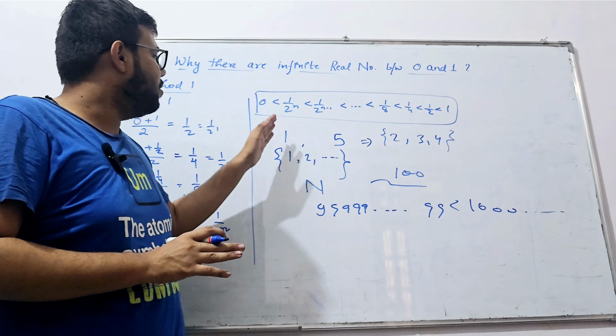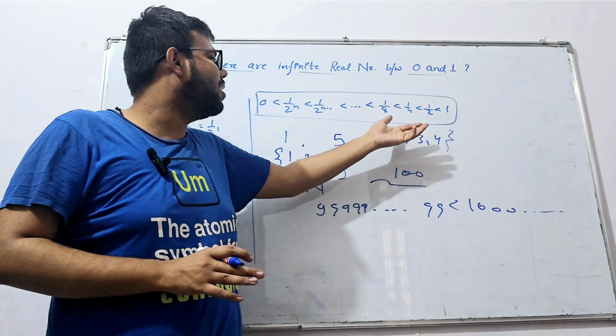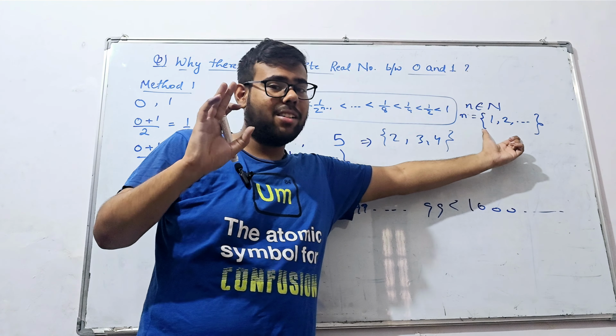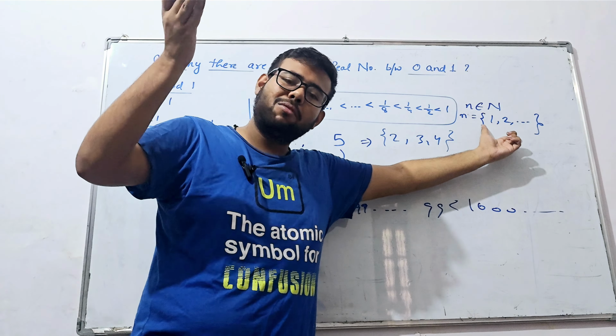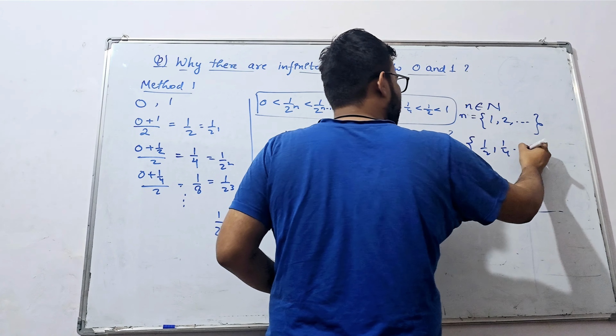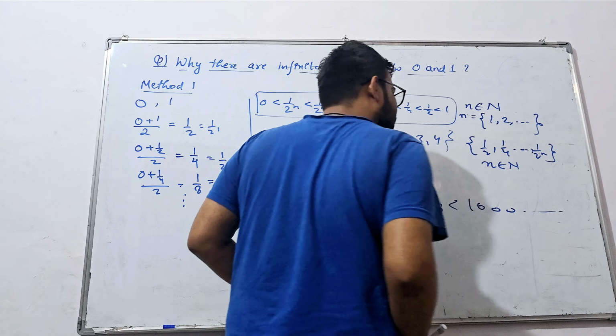It is just because we can't count how many numbers there are, because notice that here n belongs to the natural numbers, so n can take values 1, 2 till infinity. n is defined as a set of natural numbers, but the end value of n is not defined, so we can't define this whole set of numbers: 1 upon 2, 1 upon 4, till 1 upon 2 to the power n, where n belongs to natural numbers.